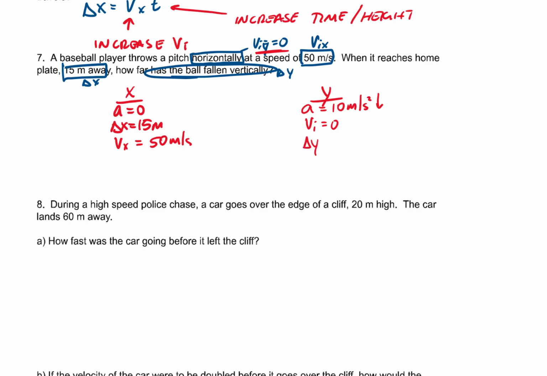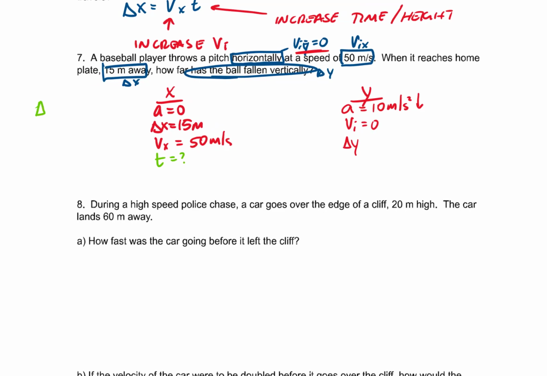To get that, we're going to find time in the x. Delta x is equal to velocity times time. So 15 is equal to 50 times time. We'll divide both sides by 50, and that time comes out to 0.3 seconds. We're going to take that time and use it over here to find our delta y.